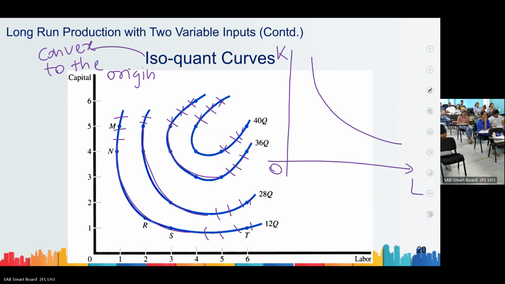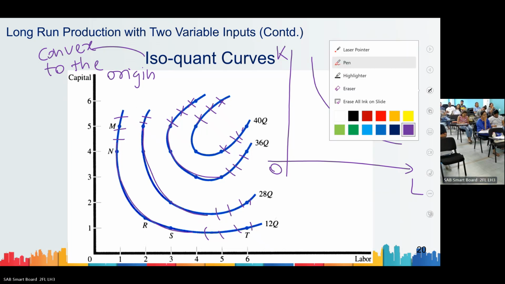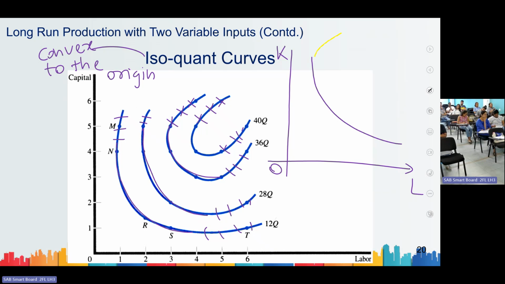We ignore these concave parts, the increasing parts.